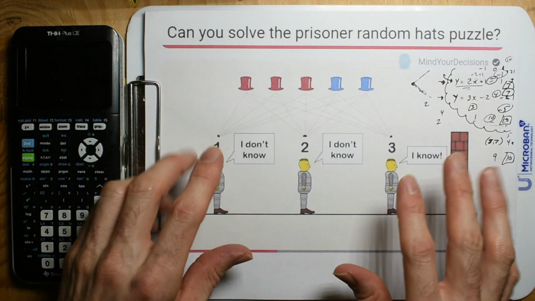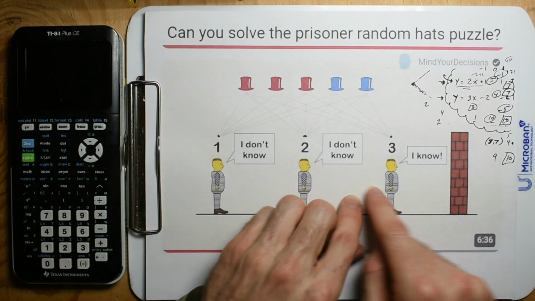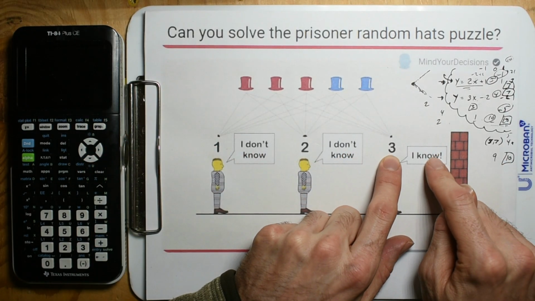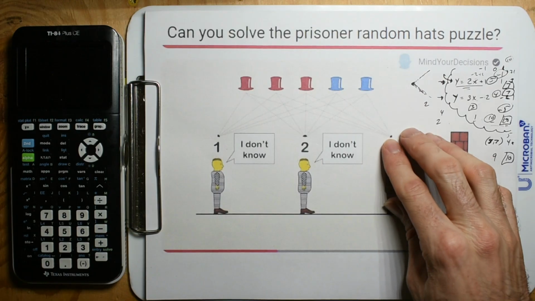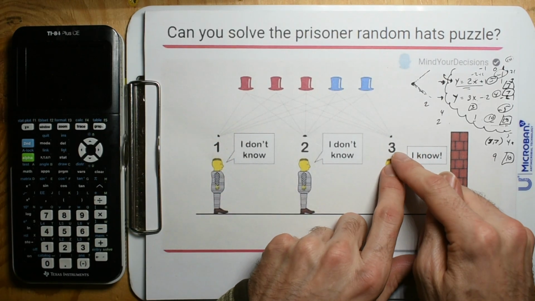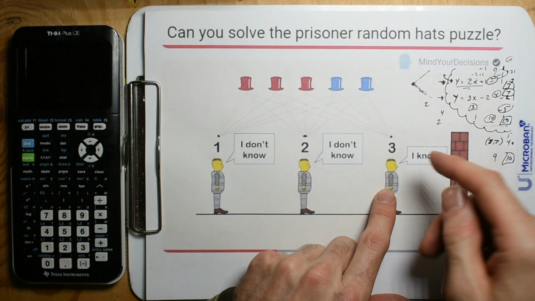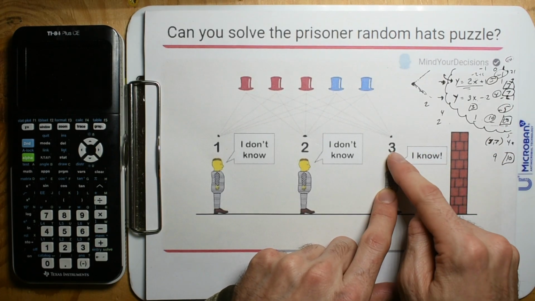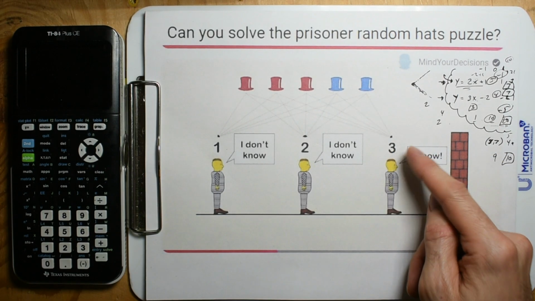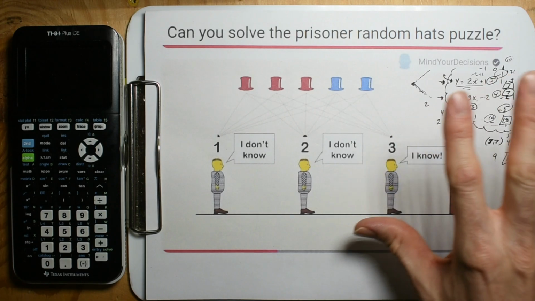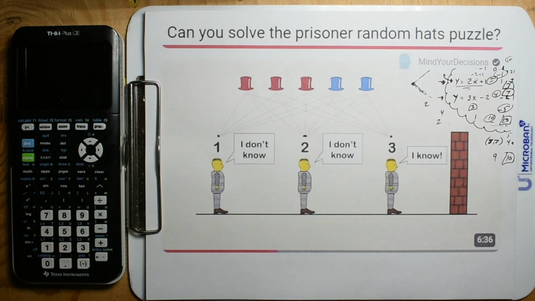And then the third scenario, I don't know, and then prisoner 3 knows his hat's red. So let's talk about that, because that's all prisoner 3 knows. Well actually, let's slow down, and I think we got a couple more minutes, before my battery runs dead.